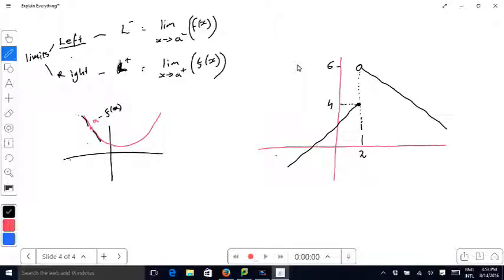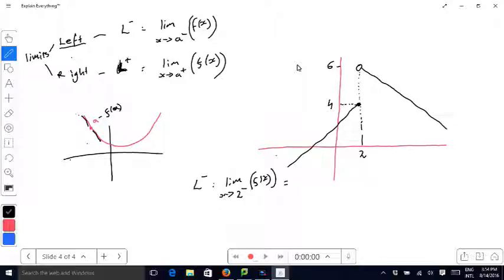So from the left-hand side, L minus, I get the limit as x approaches 2 from the left for f of x. What I'm saying is, from the left-hand side, all my negative numbers, I'm going along, and I go up the line, and I'm reaching the point 4.